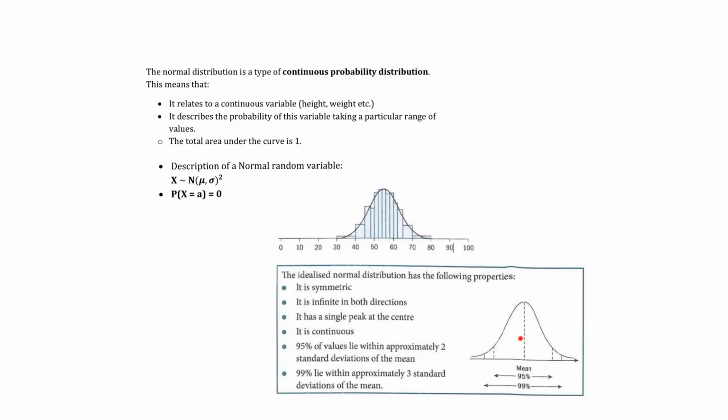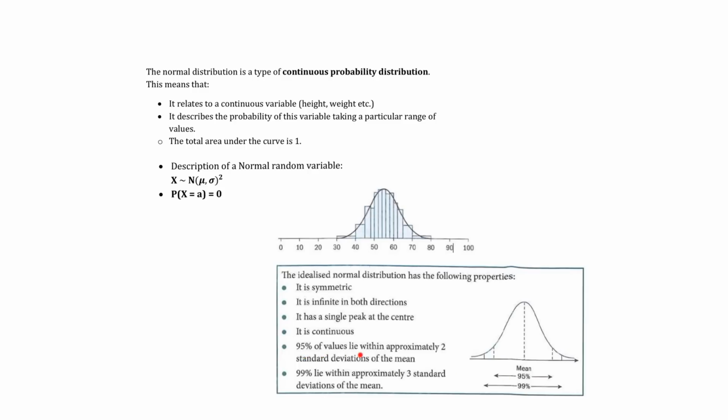It is continuous, obviously, and the total area under this curve is 1. The area under this curve represents probability, and we know that the total probability of any random variable is 1. So the area under this curve is equal to 1.